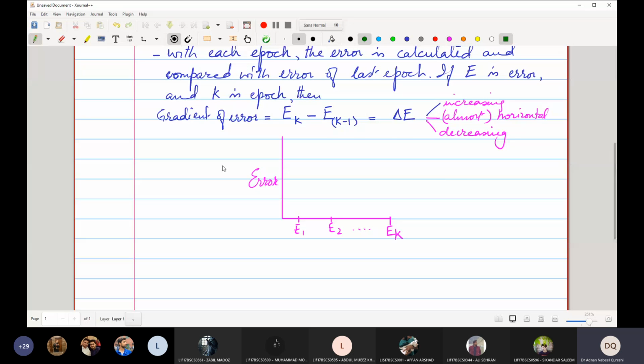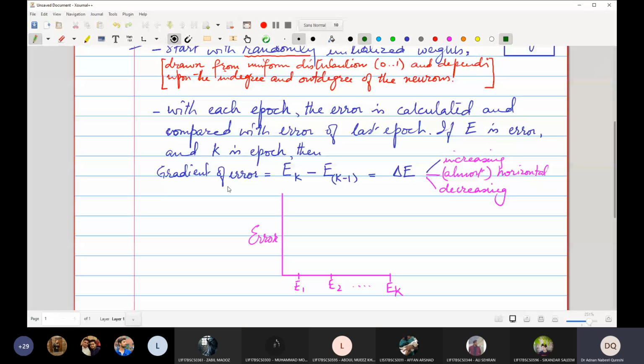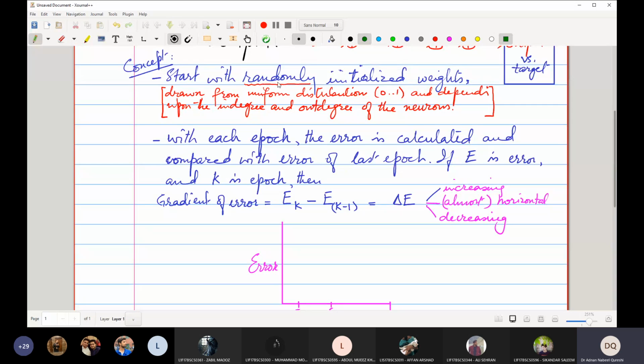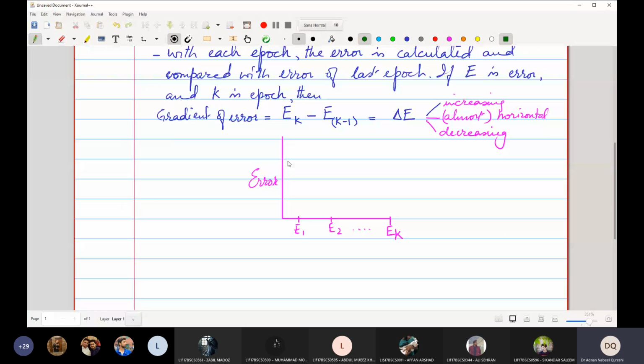So at the beginning, you will see that the error is going to be definitely a lot because we have randomly initialized the weights. So let's say we start with a large value of error on epoch 1, and as we go on, the error would be going downwards. This is the ideal situation.